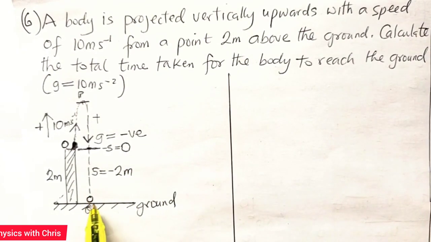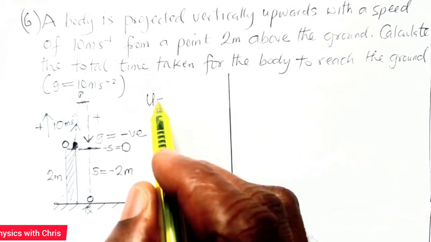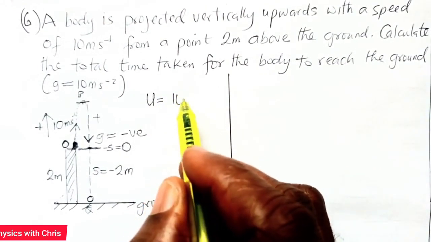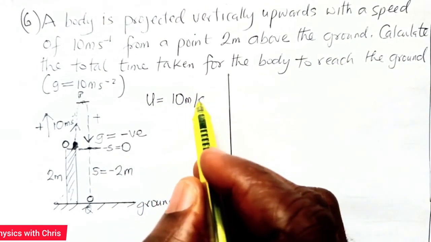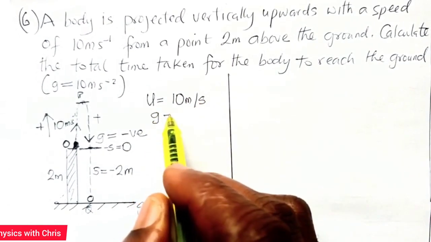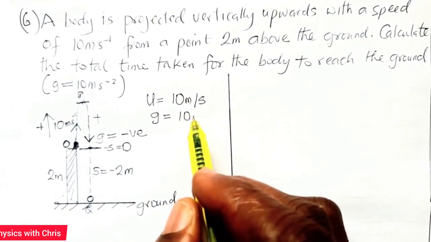So at the point the body strikes the ground, its total displacement is -2. The initial velocity, of course, we are given as positive 10 meters per second. The acceleration g is also 10, but we want to take it as negative.